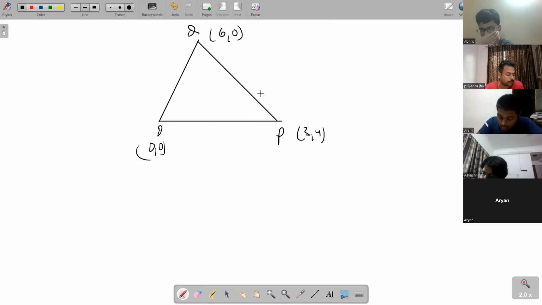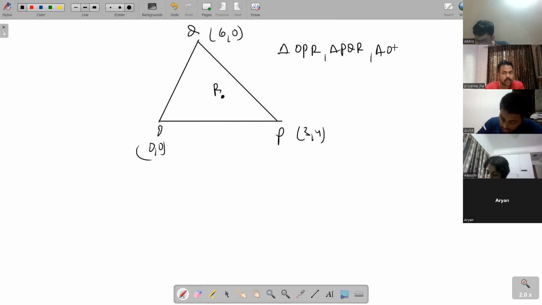Find the point R inside the triangle OPQ, that is, the coordinates of R, such that triangle OPR, triangle PQR and triangle OQR are of equal areas.